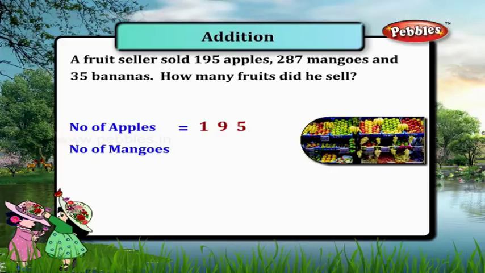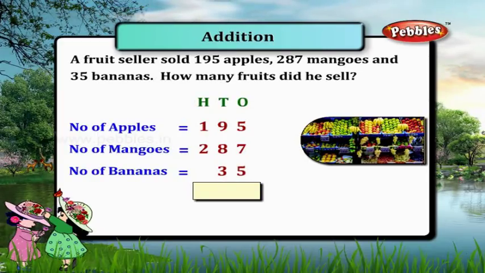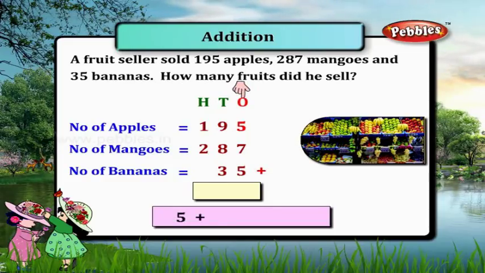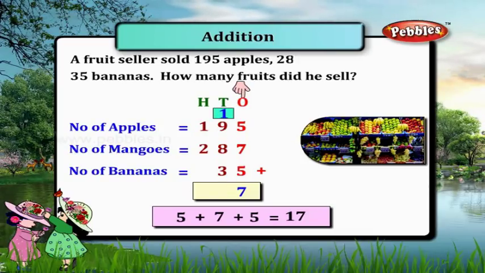Number of mangoes is equal to 287. Number of bananas is equal to 35. Now add the numbers in the ones column. 5 plus 7 plus 5, that is equal to 17. Write 7 in the ones column and carry over 1 to the tens column.